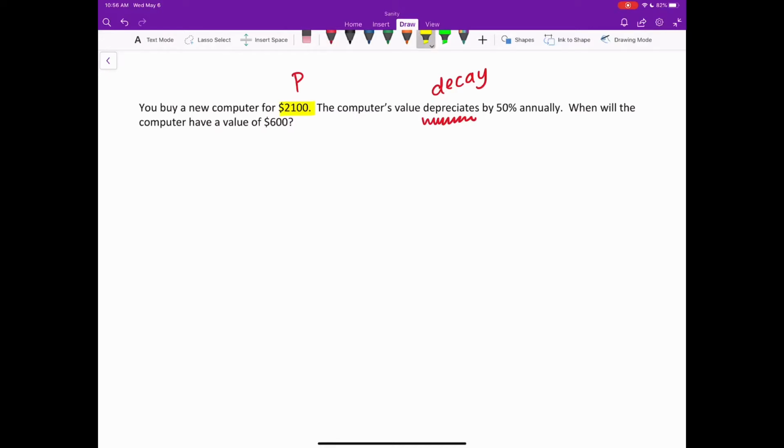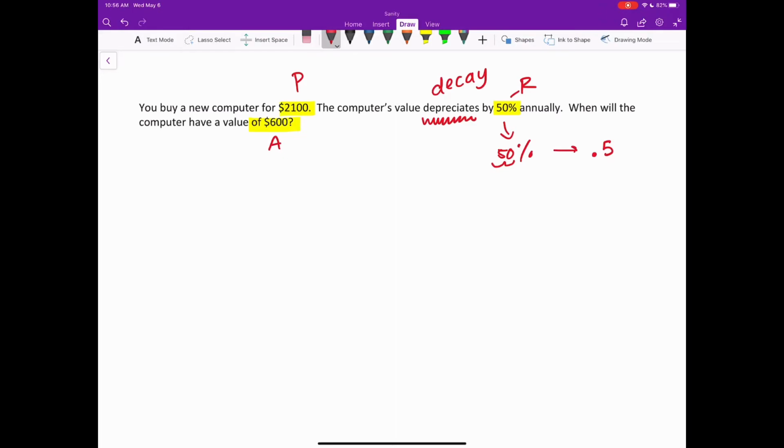And then we have 50% annually. That's our rate, and I'm going to write it as a decimal. I move the decimal place over twice, so 50% as a decimal is 0.5. When will the computer have a value of $600? So after how many years is it going to be worth $600?